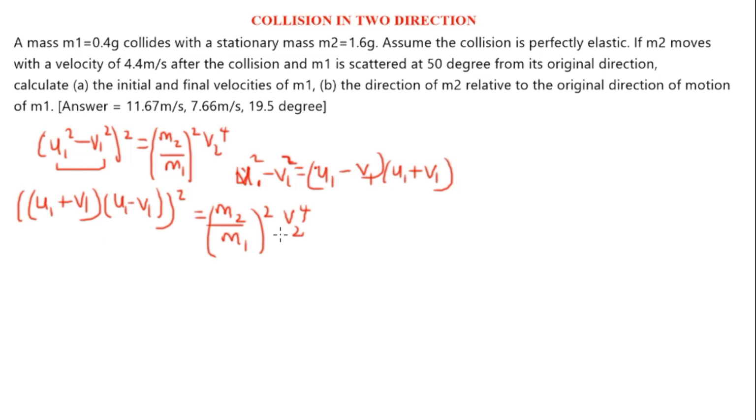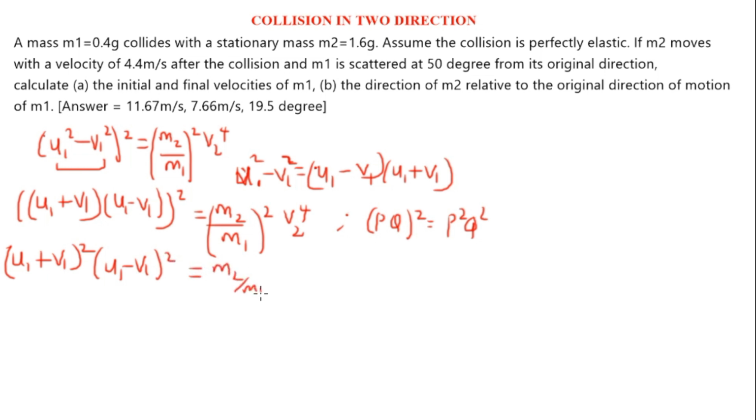Note that if two things are inside the bracket and they are all squared, something like (pq) squared, it will become p squared and q squared. So the difference of two squares will have each factor take the square, so that I will have (u1 plus v1) squared, then (u1 minus v1) squared, which is equal to (m2 upon m1) squared, then v2 raised to power 4.